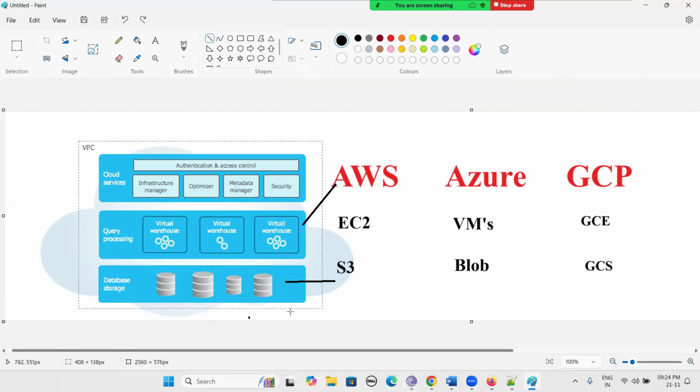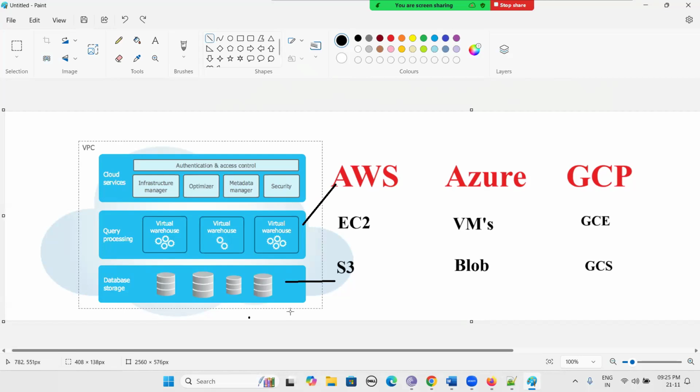A virtual warehouse with a medium size uses 10 machines. Then there are large and X-large warehouses. We have different types, and we are going to discuss them while creating a virtual warehouse. We can create a large virtual warehouse with, let's say, 50 machines.